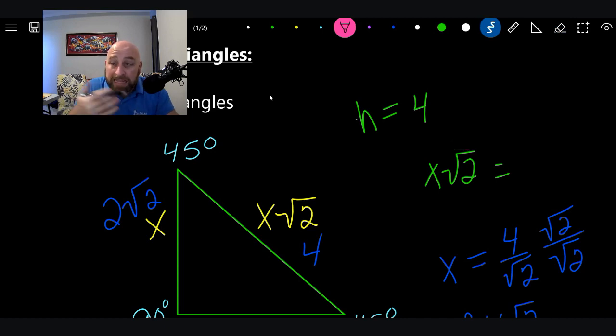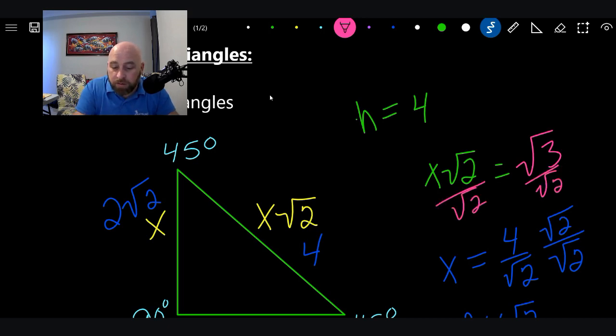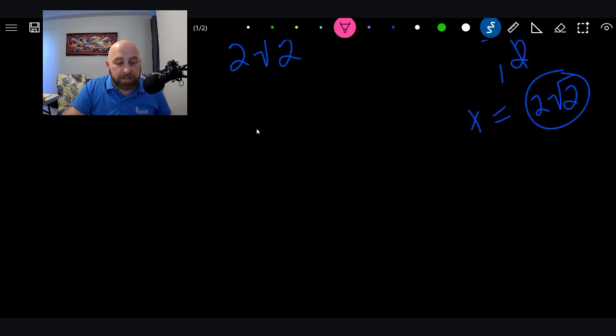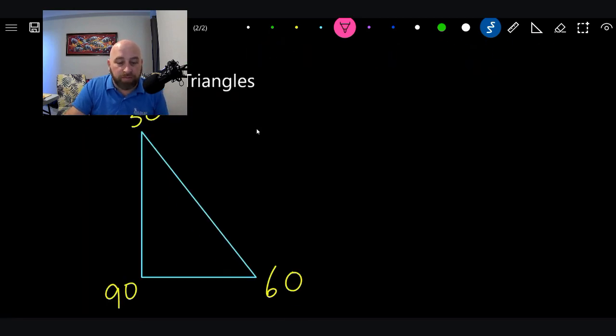You set that equal to whatever they give you. Let's say they give you 12. That equals 12. Let's say they give you square root of 3. Well, that's fine. Just make it square root of 3. And then you just solve by dividing both sides by the square root of 2, and then you rationalize your denominator, and you're good to go. Okay? So that is special cases with 45, 45, 90s.